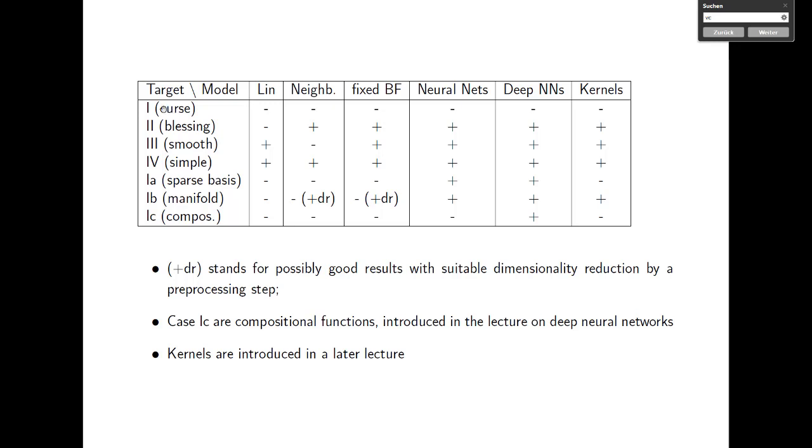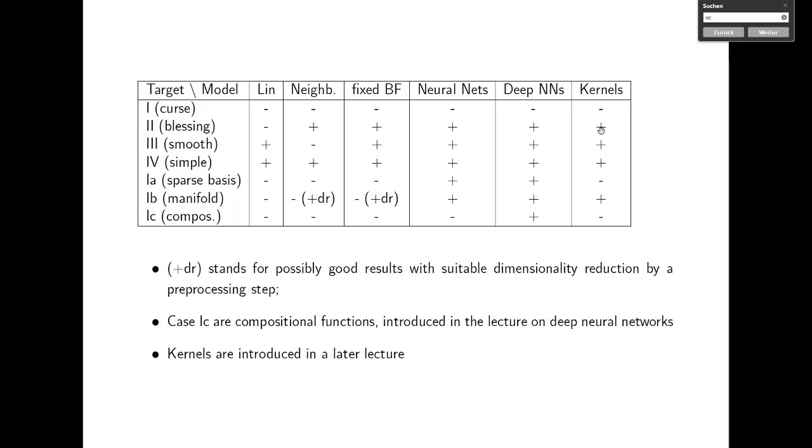But fortunately, nature is more kind to us. So the blessing of dimensionality was when the dimensionality was small, but the smoothness was also small. So linear systems don't work because it's a complex function. Neighborhood systems might work. Fixed basis functions work. Now we transform it into a basis function space. Neural networks work.